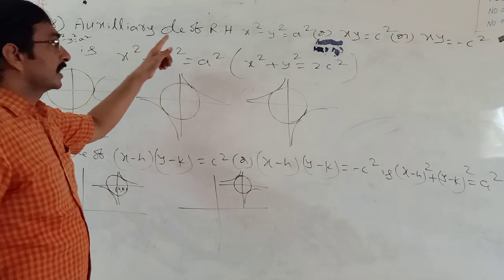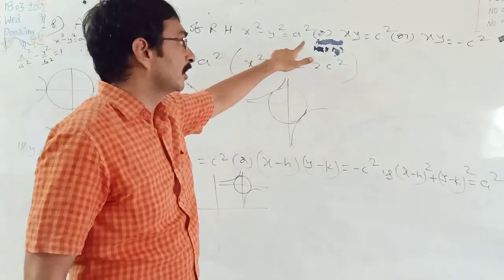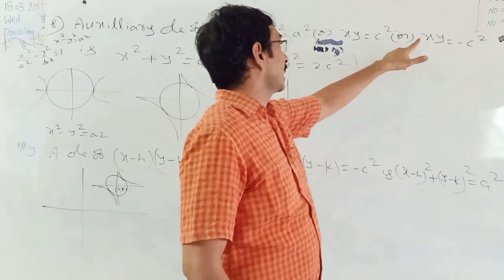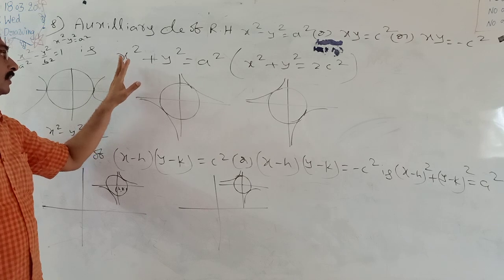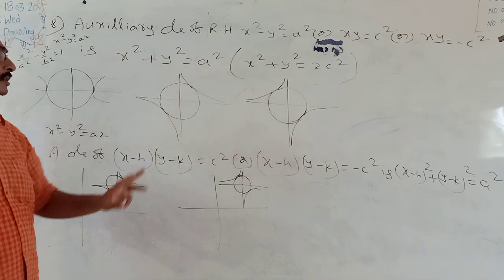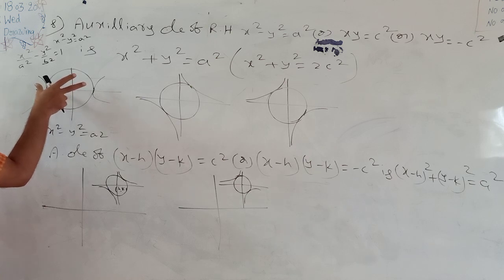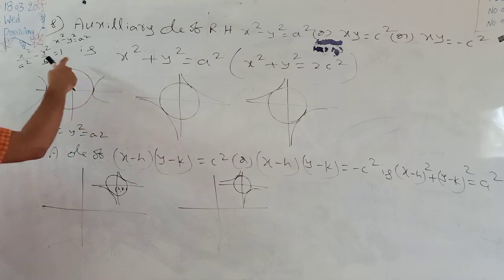Similarly, the auxiliary circle of rectangular hyperbolas, the first form and the second form, that is the conjugate hyperbola, is the same one: x square plus y square equal to a square. Because if we rotate the hyperbola through any angle, there is no change in the position of the auxiliary circle, x square plus y square equal to a square.